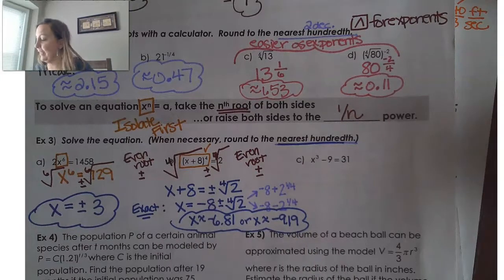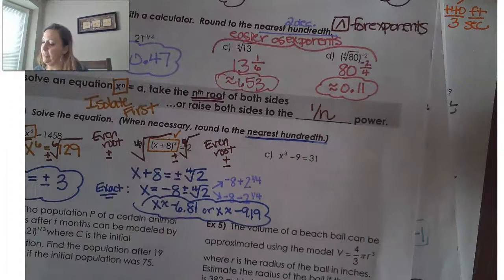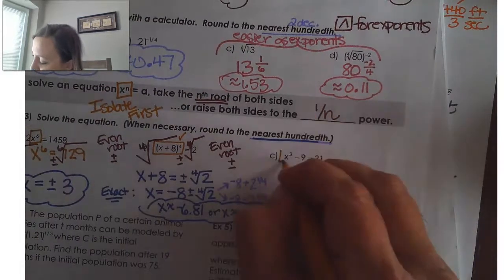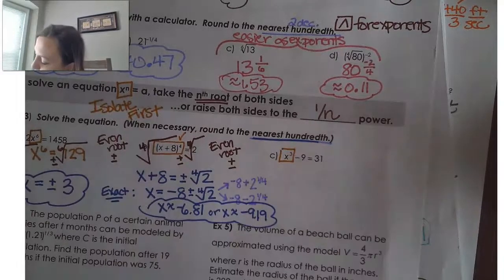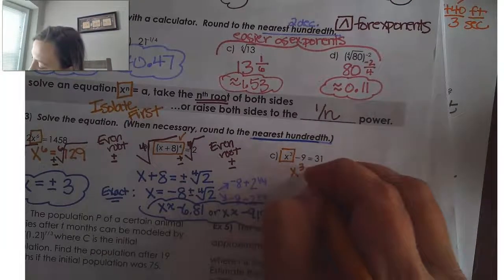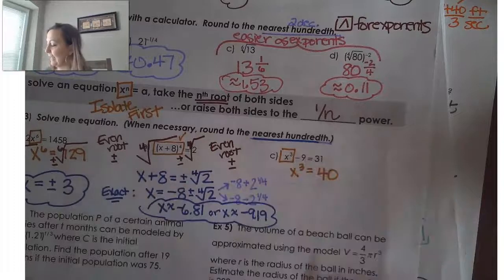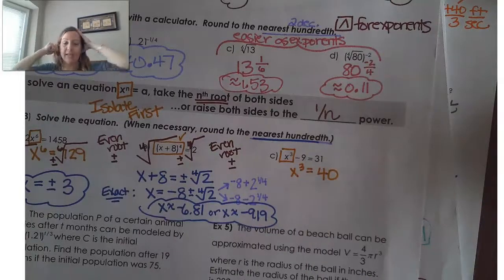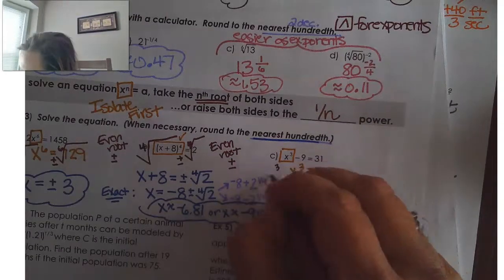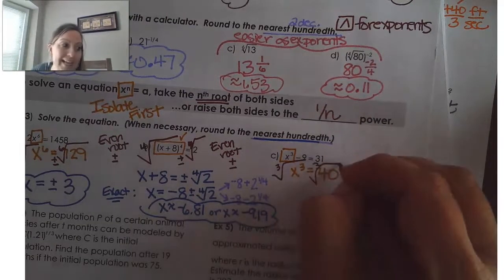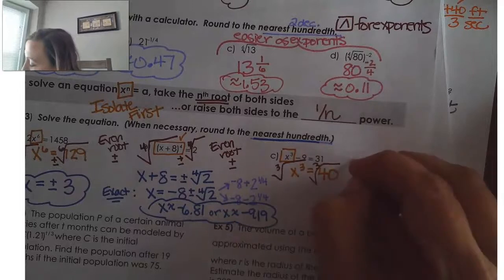Okay. Letter C. X cubed minus 9 equals 31. Well, again, I need to isolate this first. So I'm going to add 9 to get that x cubed equals 40. Now that that's isolated, I'm going to take the cube root. And again, this is an odd root.